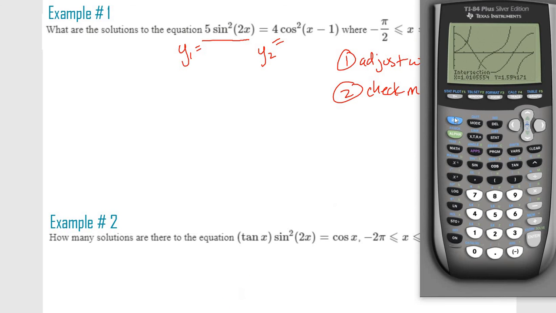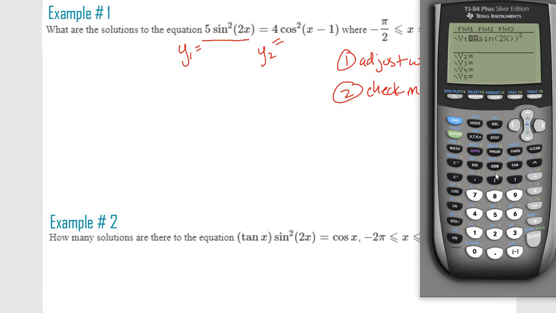So here on our calculator, we're going to go to y equals, clear both of them. We have 5 sine of 2x. I've got to do it this way, I guess. Let me change it.